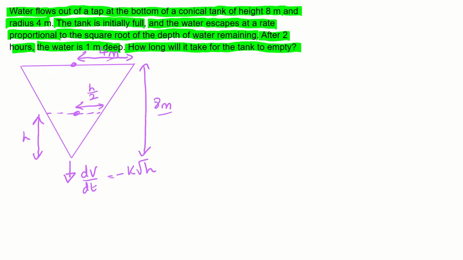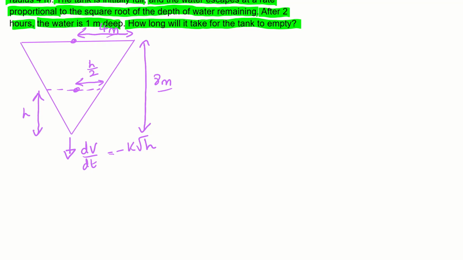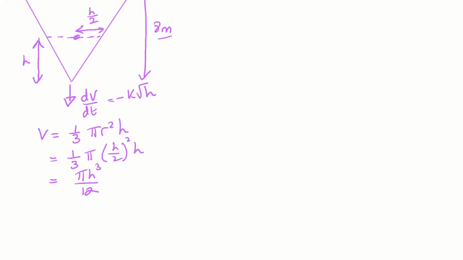Now, the volume for a cone is 1/3 pi r squared h. But as we just discussed, the r is h over 2, so it is going to give us, simplifying that, pi h cubed on 12.